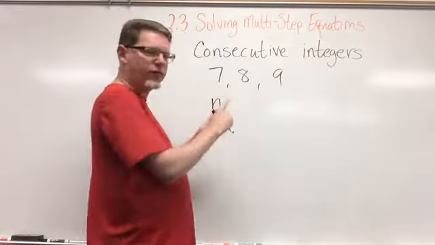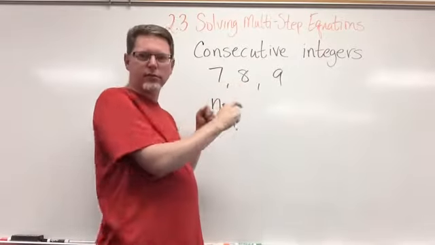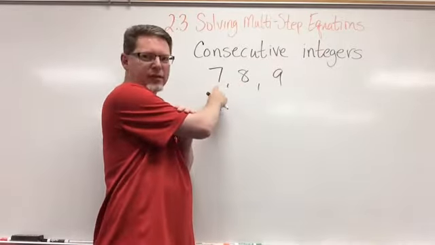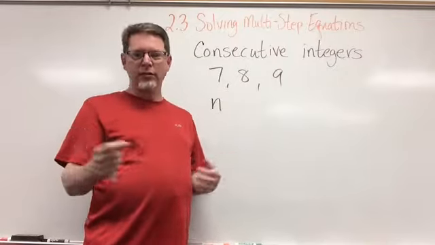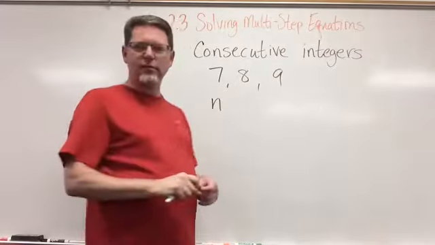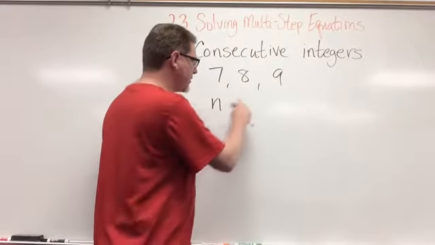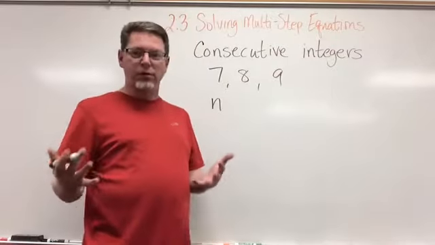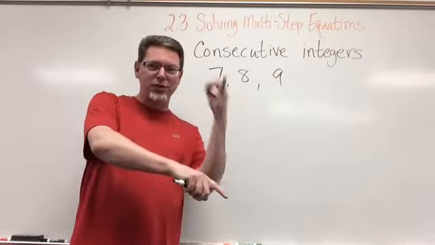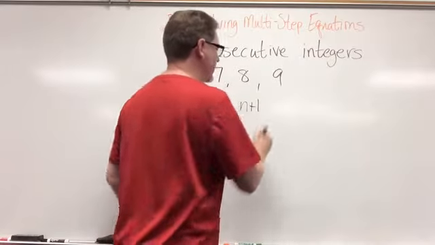Well, 8 is the second integer after 7, how did I get to 8? What did I have to do to 7 to get to 8? Yeah, you're right. We added 1. So what do I have to do to n to get to the second consecutive integer? I have to add 1. Not just plus 1, but I have to take the original integer, which is n, and then add 1 to it. So the second integer would be n plus 1.